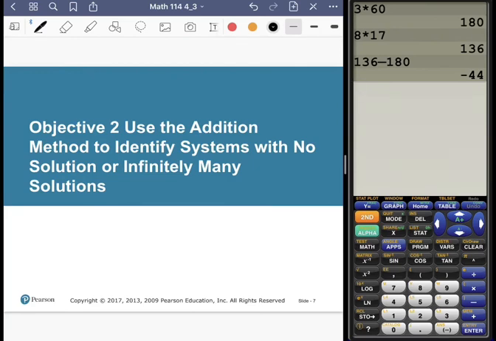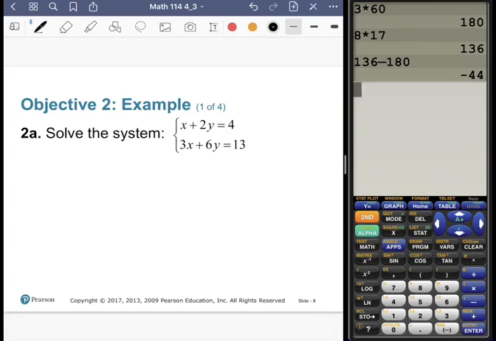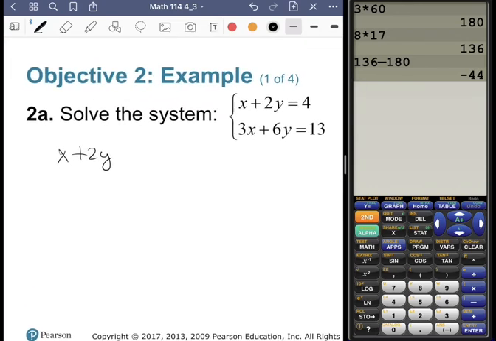Objective 2: use the addition method to identify systems with no solution or infinitely many solutions. Okay. So, oh, look, they were kind enough to already give us something we can work with. So we have x plus 2y is equal to 4, and 3x plus 6y is equal to 13.